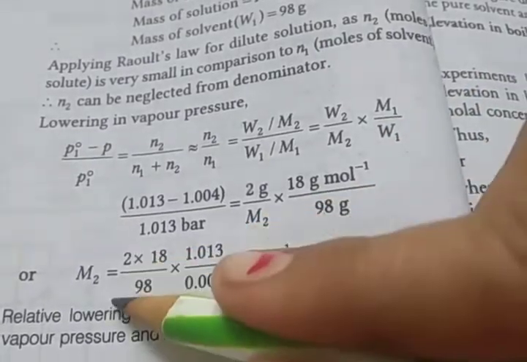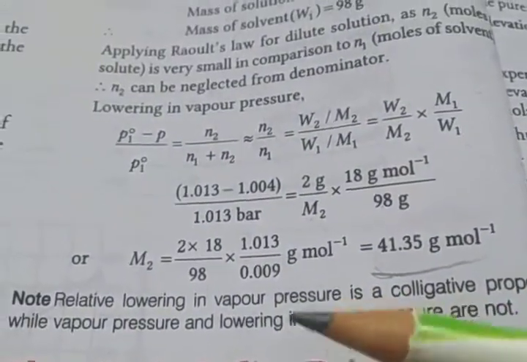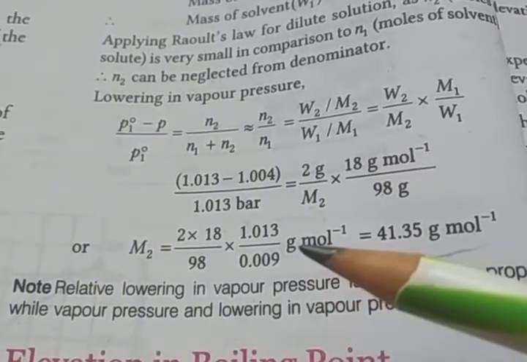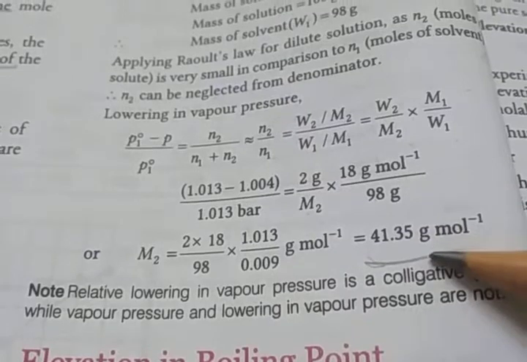So M2 goes to the left hand side and then we calculate. So the mass of the solute is 41.35 gram per mole.